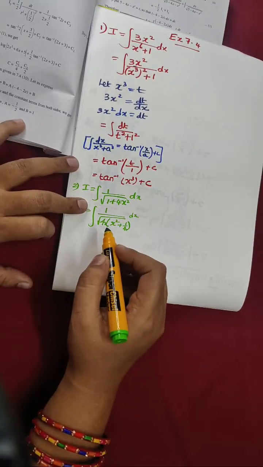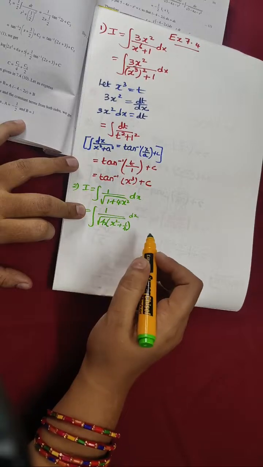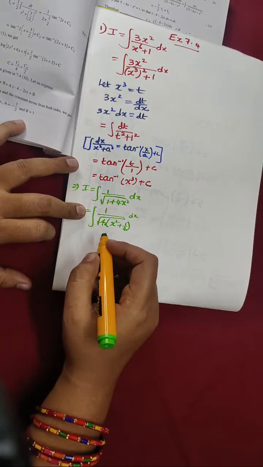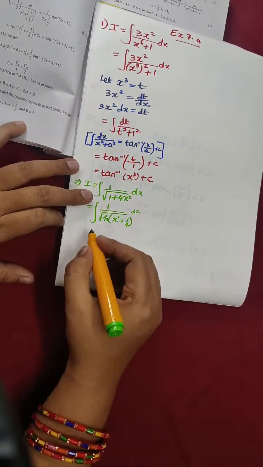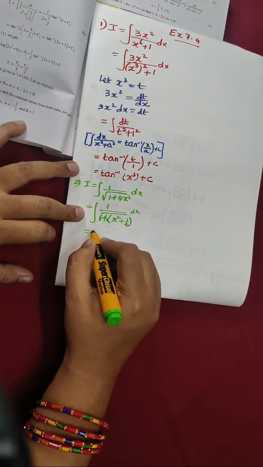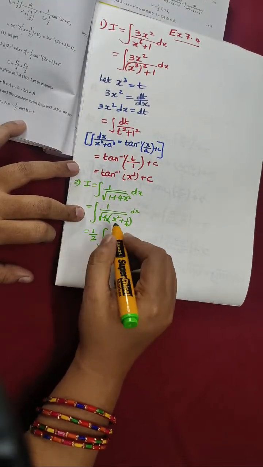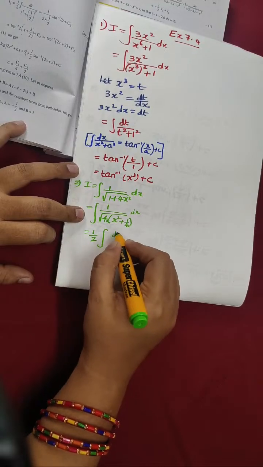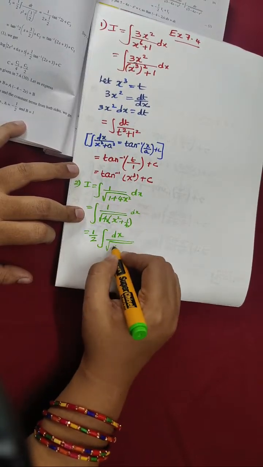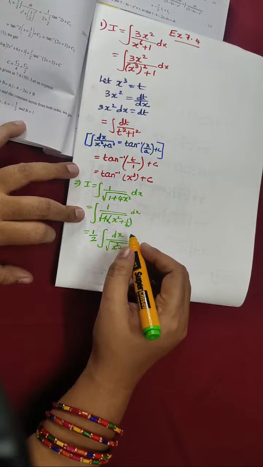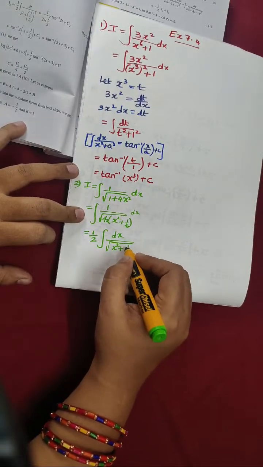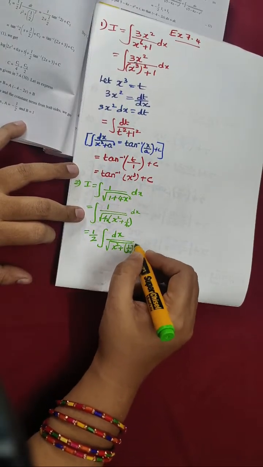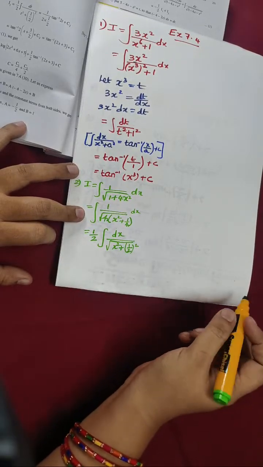Now, as 1 by root 4 is a constant, I am taking it out of the integration, and we know root 4 is 2. So this can be rewritten as 1 by 2, dx by root of x square plus 1 by 4, which can be written as 1 by 2 the whole square, because if you square it you will get 1 by 4.